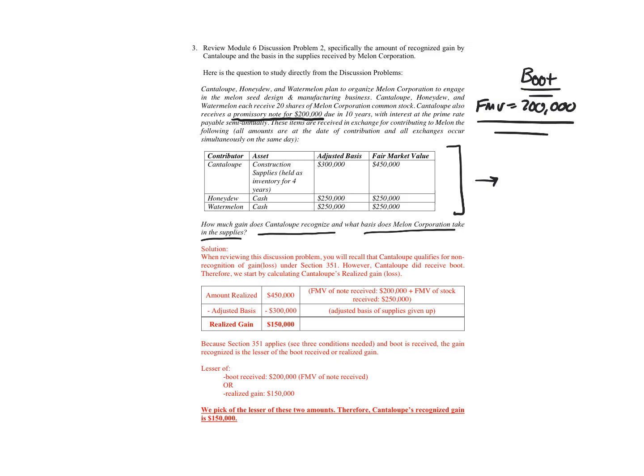So if you remember, in this problem we've got a Section 351 issue, and we're only focusing on Cantaloupe. Remember, any property transaction. What's the property transaction here? Cantaloupe is exchanging supplies for stock and a note. That is a property transaction.